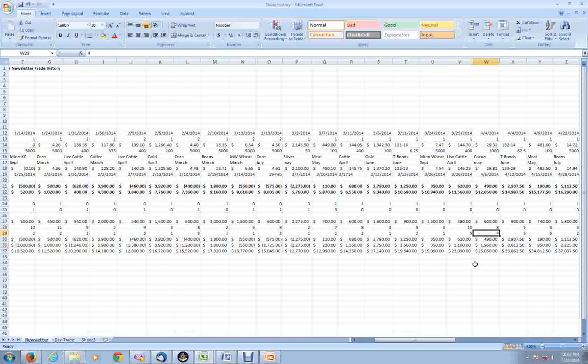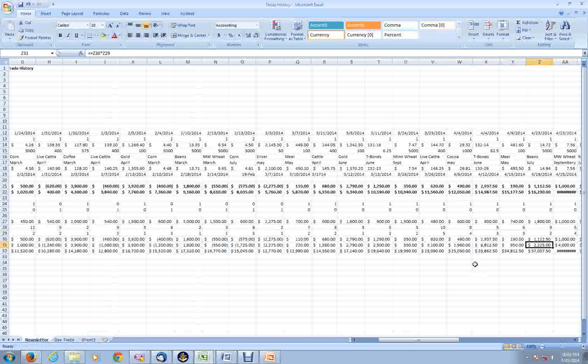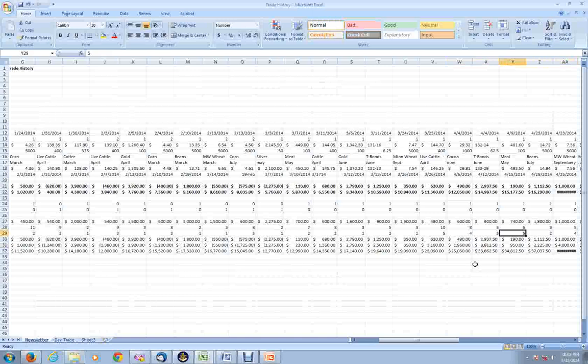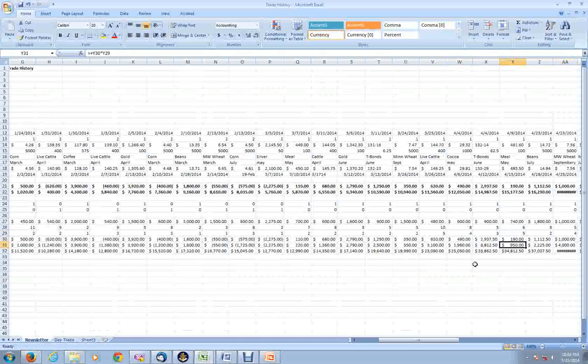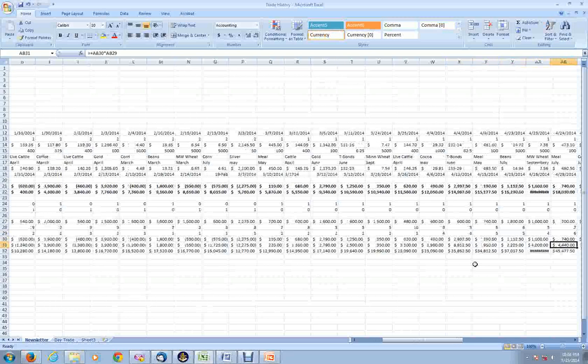Here we did 4 contracts, we made almost $2,000 on this trade. Here we did 3 contracts, and we hit big on these bonds, and we made $8,800 on our bonds. Here's another one where we did 5 contracts. We only made $180 on the trade because we had 5 of them. We ended up with a profit of almost $1,000.